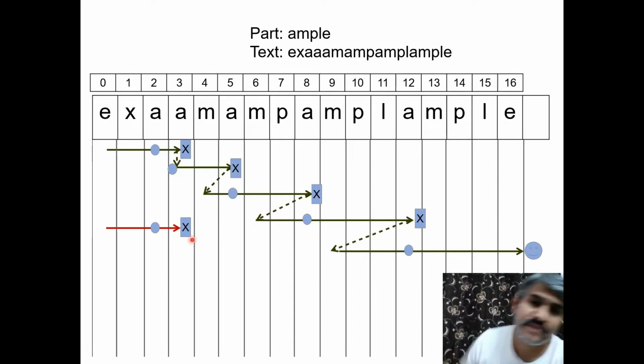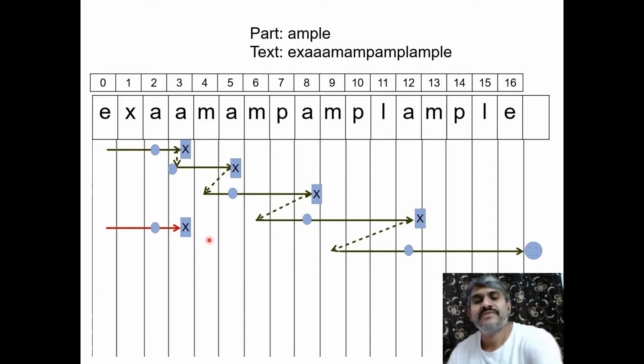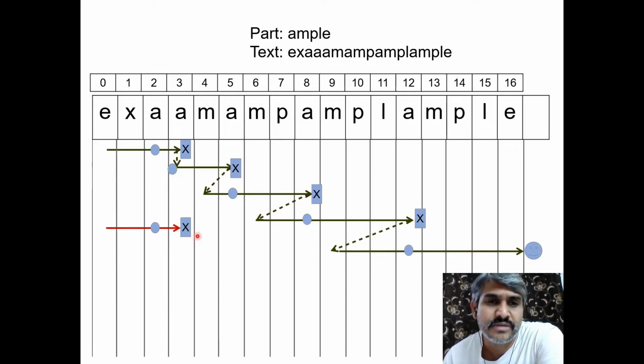So what if instead of considering the starting position of the partial match, I consider the ending position of a failed partial match? So I have a failed partial match at position 3. Why not start my search right from there instead of going back?